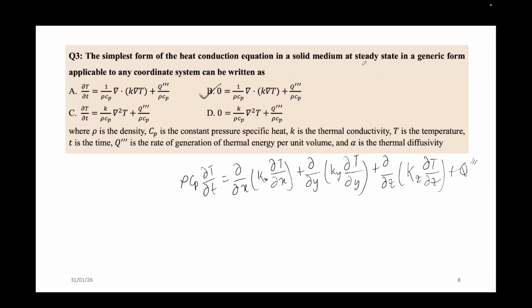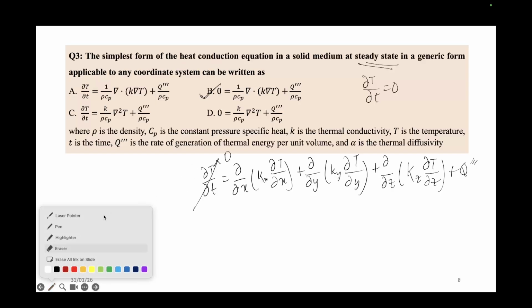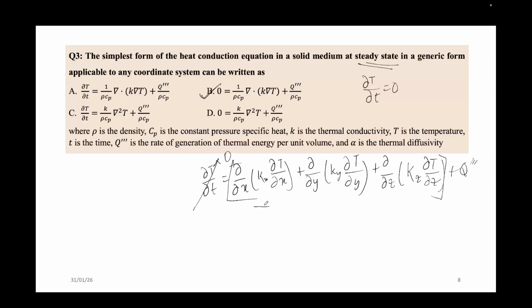It's given that it is a steady state. That means del T del t is 0, right? So before writing in the equation, the rho Cp is there in all of the equations. Before putting it here, I do one thing: I just replace rho Cp from here, and I just put it rho Cp.